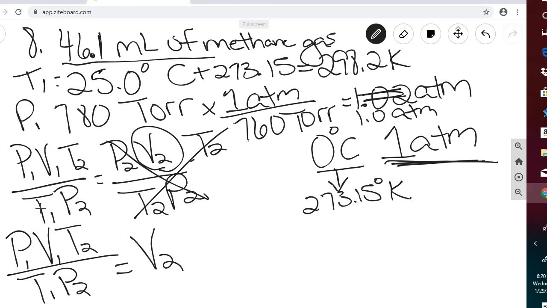Our initial pressure was 1 atmosphere, P1. We converted this 780 torr and we got 1.0 atmospheres. Our initial volume was 46.1 milliliters.